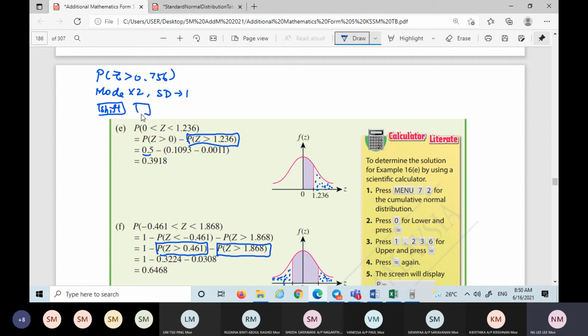After that you will see something like this. This one I'm not sure what it is.